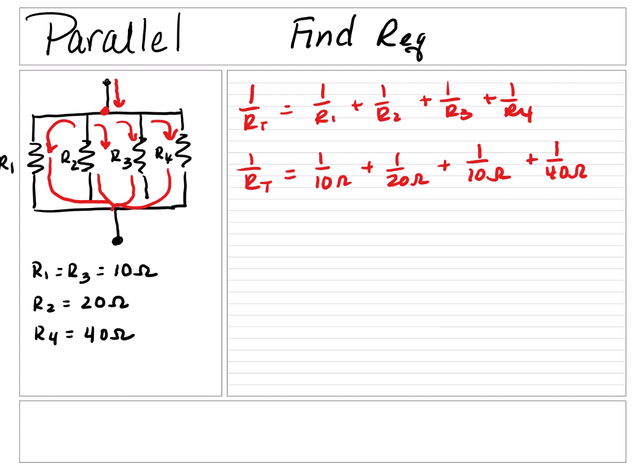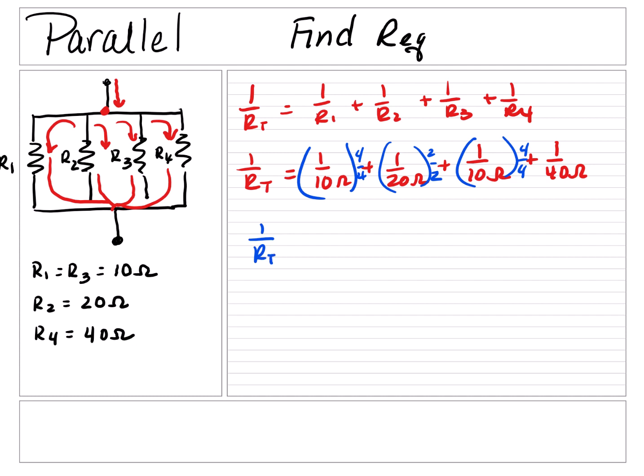Without calculators, in order to add fractions, you must have like denominators. The common denominator here is going to be 40. So I need to multiply 1 over 10 by 4 over 4, 1 over 20 by 2 over 2, 1 over 10 by 4 over 4, and the last one, 1 over 40, does not need to be multiplied.